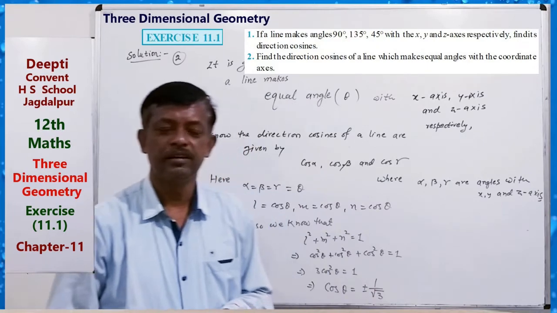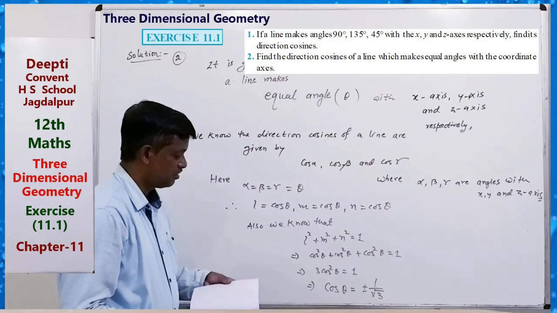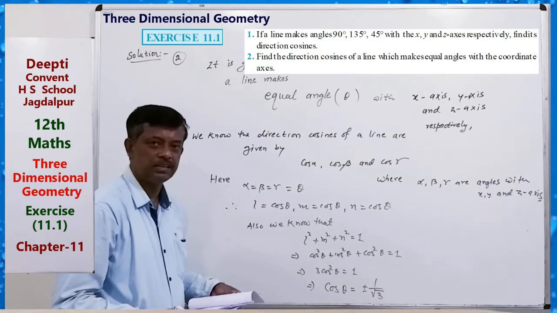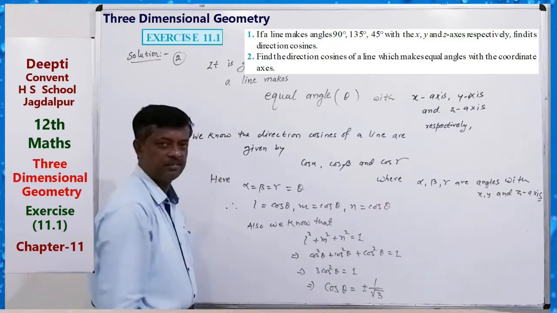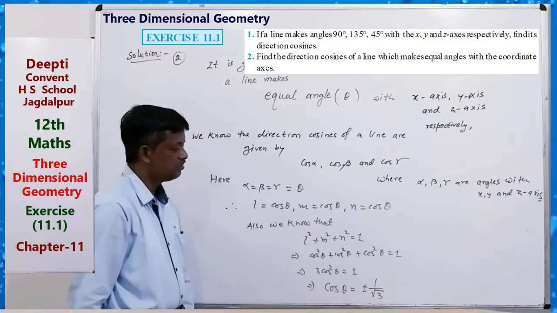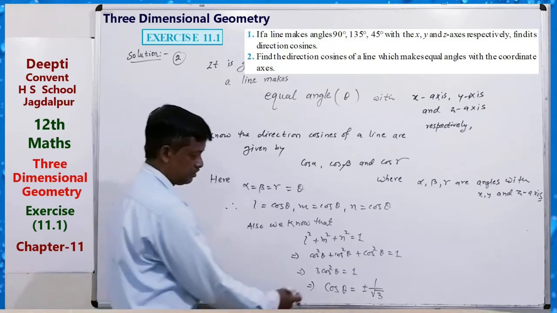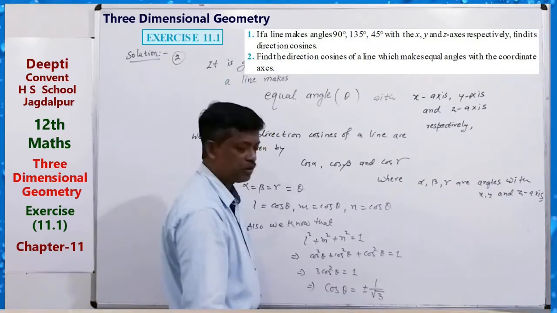So we can write the direction cosines. All are equal. So cos theta equals plus minus 1 upon root 3.